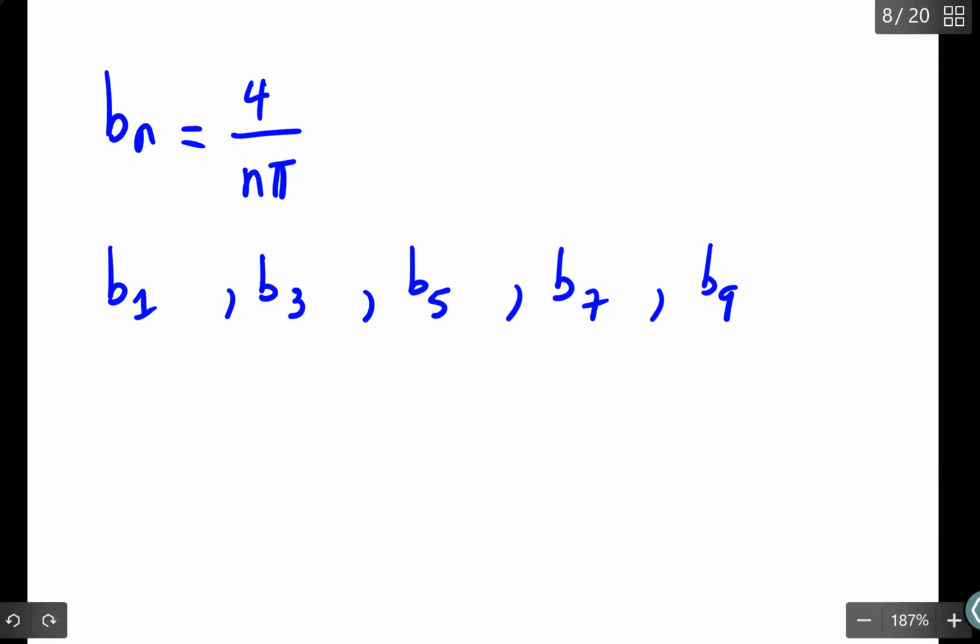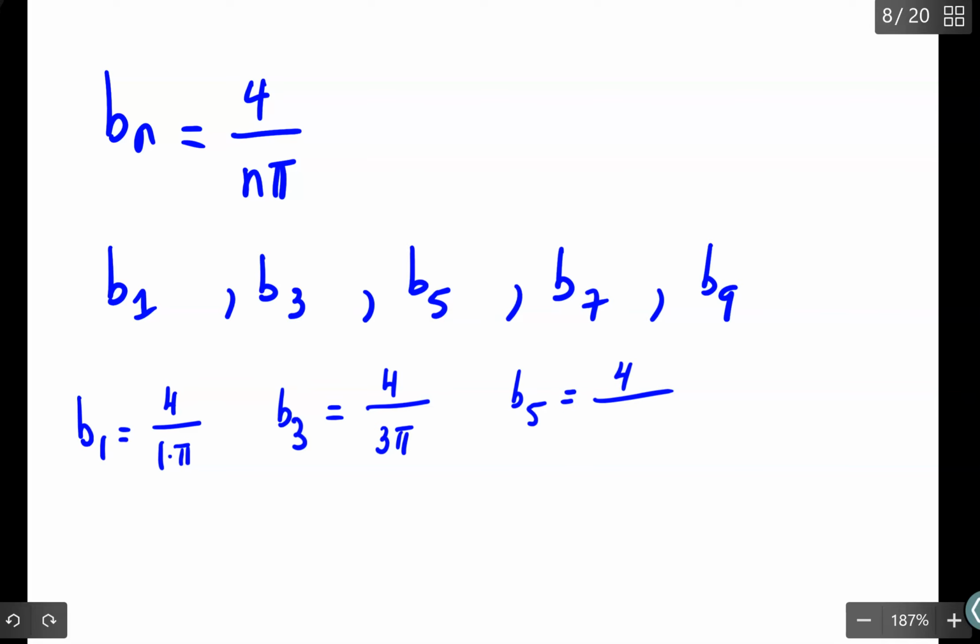Now at this point, you are going to write b1 equal to 4 over 1 times pi. b3 will be equal to 4 over 3 times pi. b5 will be equal to 4 over 5 times pi. b7 equal to 4 over 7 times pi.